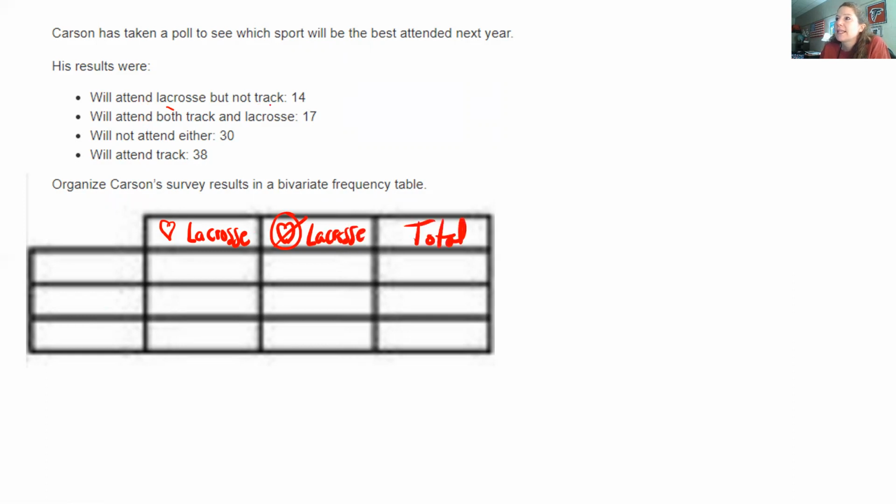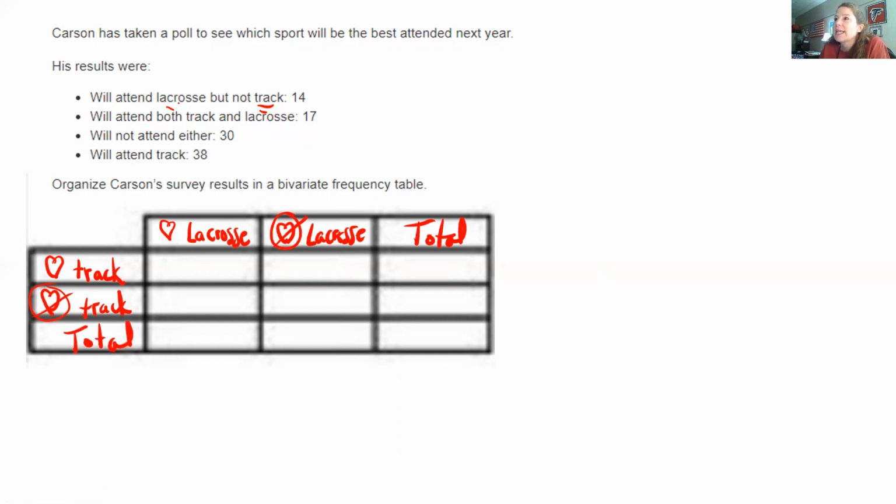And then this is either people who attend, we'll pretend it says love, track, and then those are people who don't attend track. And once again, our last row is totals.